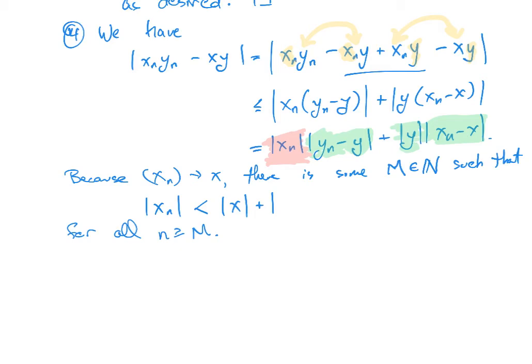There's some capital M such that eventually we're less than our limit plus 1. Okay. Now, how would I formally get this from the definition of the limit?